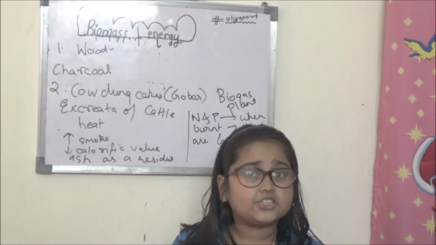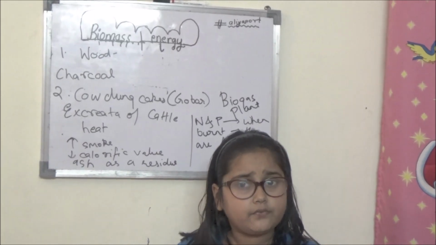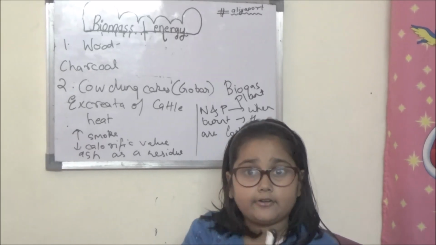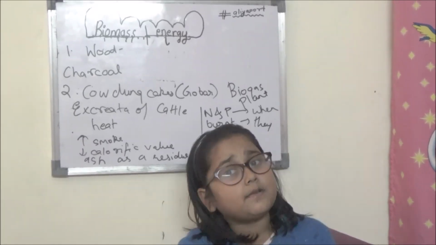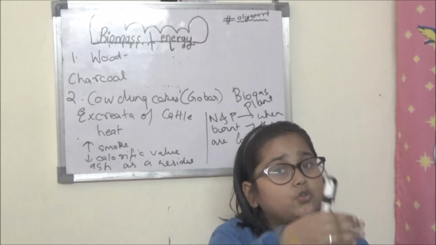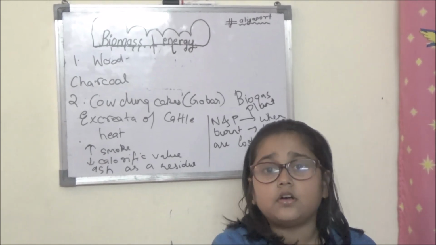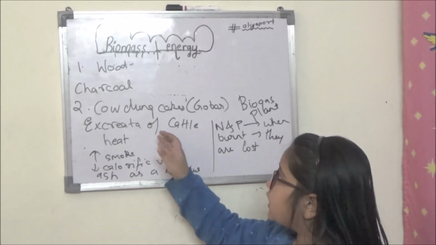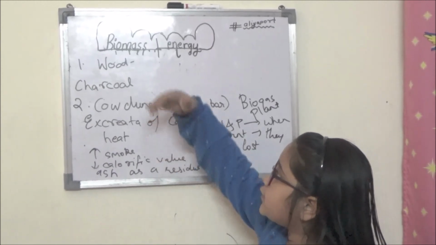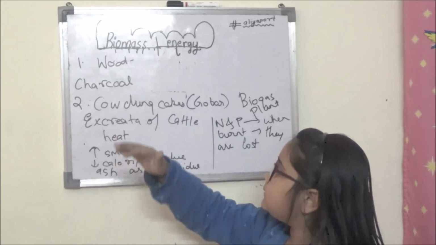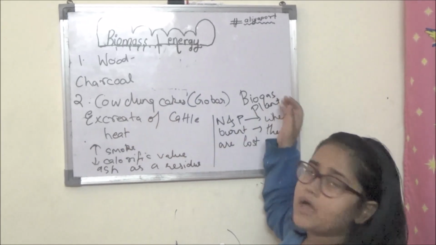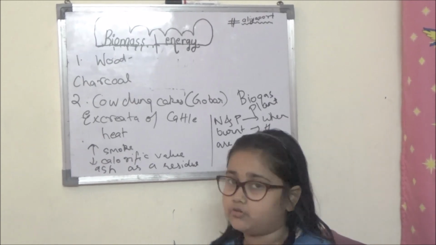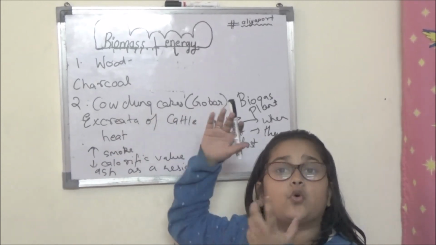And the cow dung cakes which are left after use can be used as manure because the nitrogen and phosphorus still remain in them, and we can use them to increase the fertility of the soil. So this is the solution for the cow dung cake. We saw that in place of wood we can use charcoal, and in place of cow dung cakes we can use a biogas plant. Biogas plant is also called gobar gas plant because cow dung cakes are also called gobar.